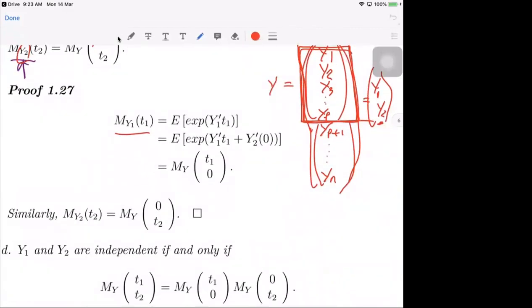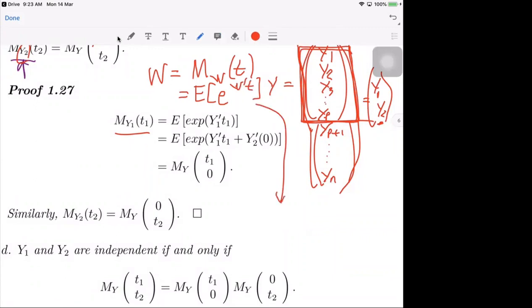So recall that if you have a w, the moment generating function of w is equal to the expectation of e to the w prime t, but in terms of summation, that is the expectation of exp times the summation of wi ti, right?